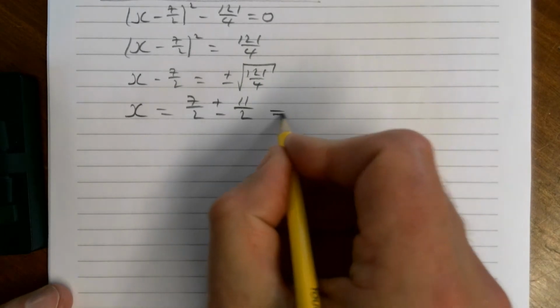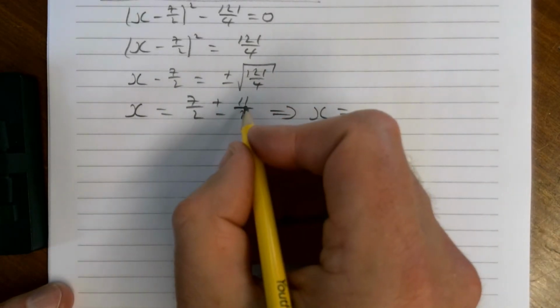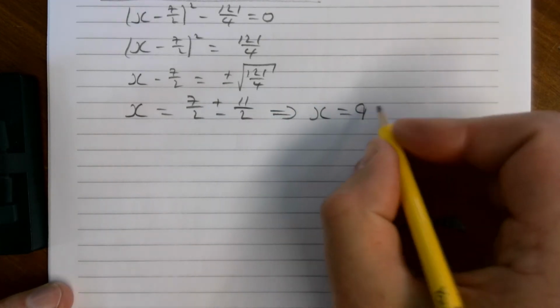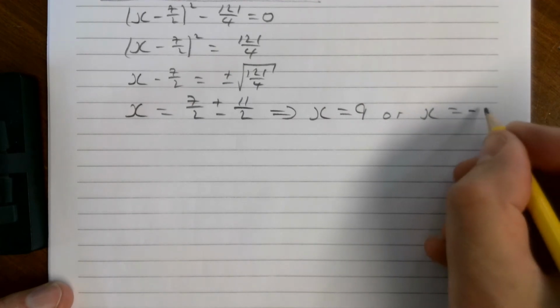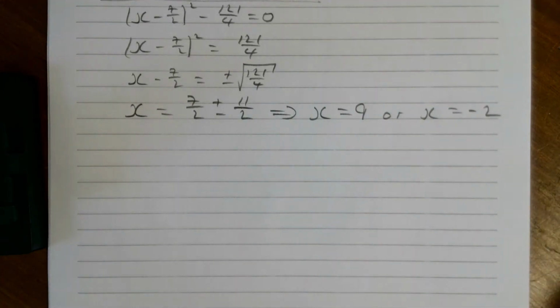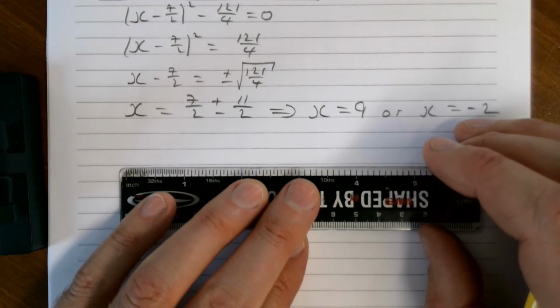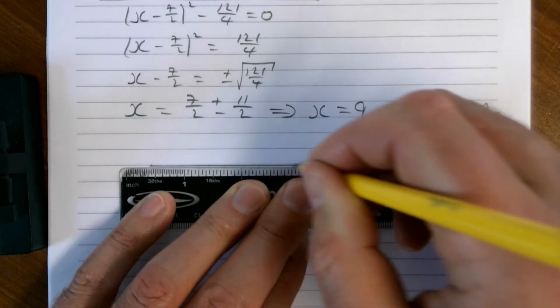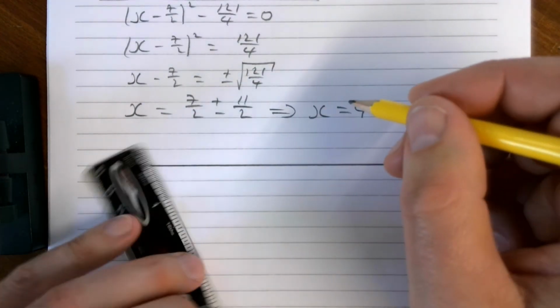So that gives us then x: 3.5 plus 5.5 gives us 9, and 3.5 take away 5.5 gives minus 2. So we set up a wee bit of a table here to work out when things are positive or negative. We have, I guess, our critical values here.